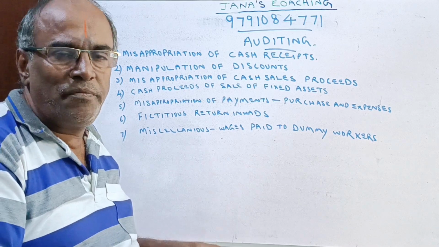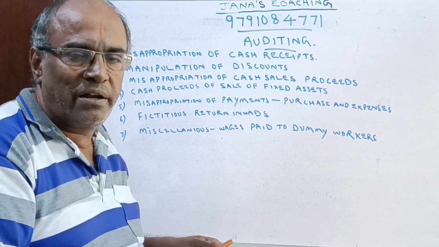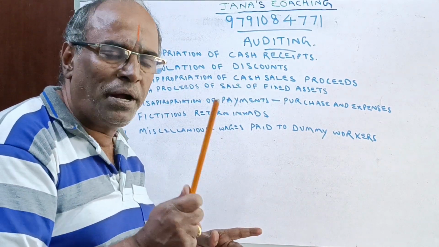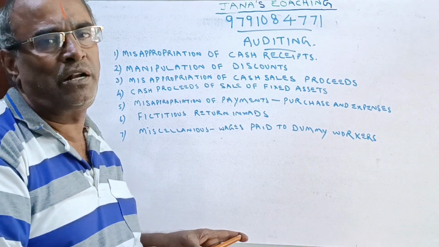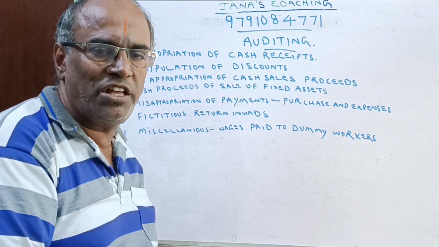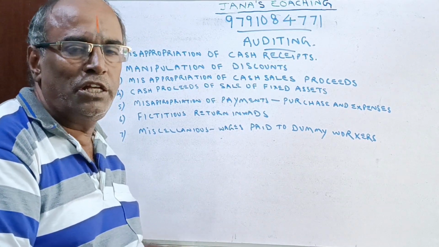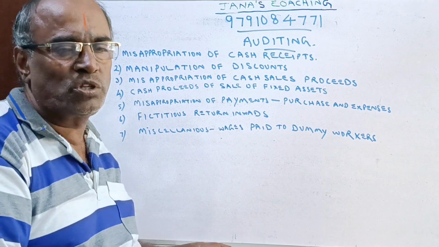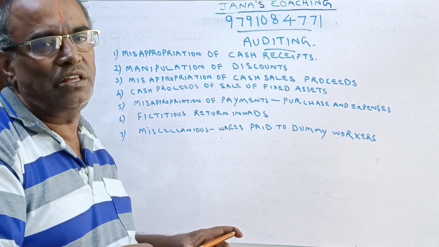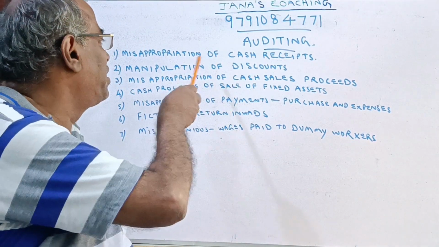How? For each and every transaction, the receipt is being made without any carbon paper, but in one particular receipt only, it happens like this, so the auditor will question the cashier why he has done like this. Otherwise, if the amount is 25,000 and it is recorded in the cash book receipt side as 20,000, the cashier will be caught by the auditor. So this is the one case.